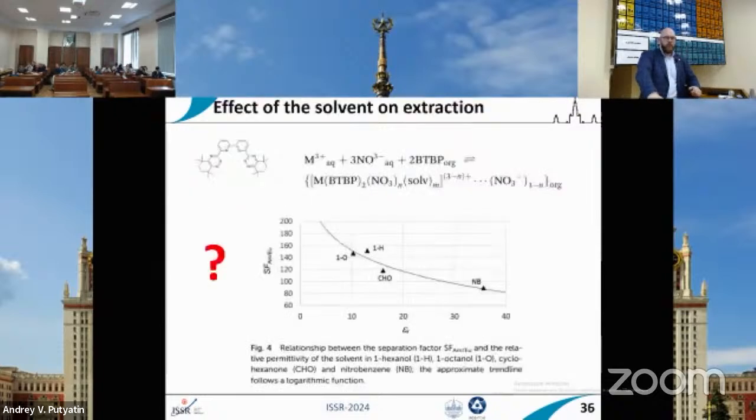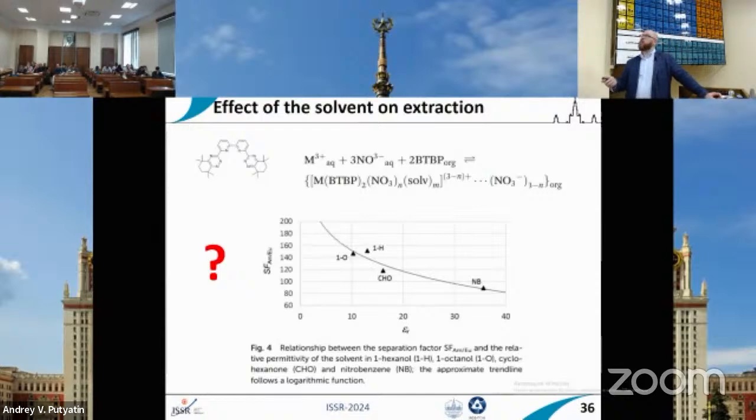And it was interesting to see this behavior. So it is the separation factor. A separation factor is just the ratio of the distribution ratio of americium and the distribution ratio of europium. So it shows how selective the extraction system is towards one of the components. Here it's towards the americium.